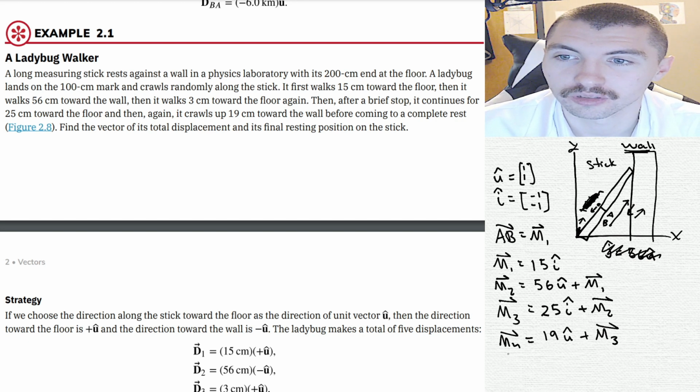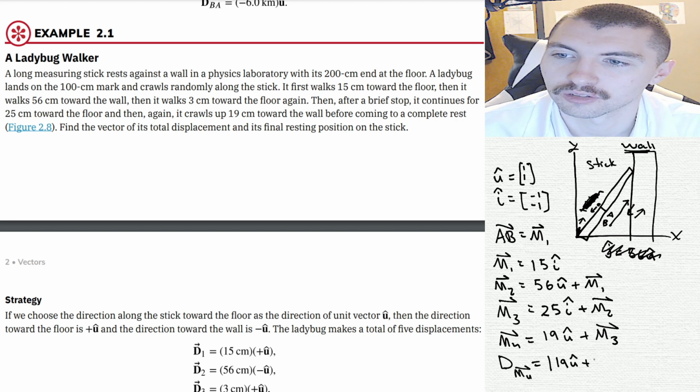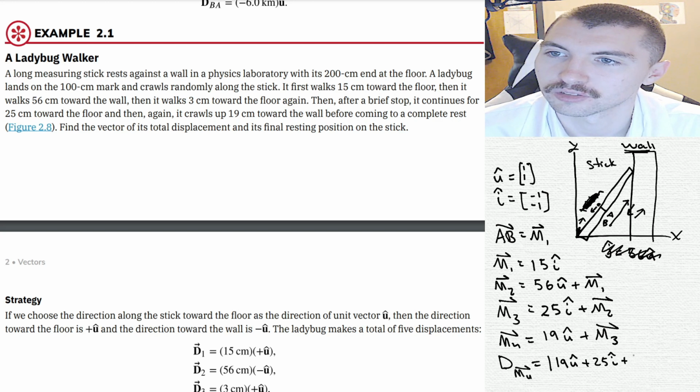The total displacement is going to be 19 U hat plus 25 I hat plus 56 U hat plus 15 I hat.